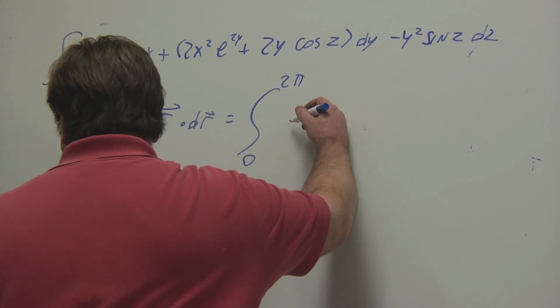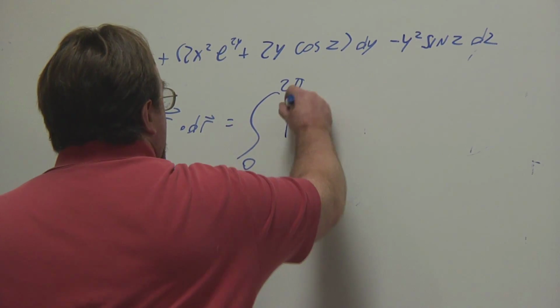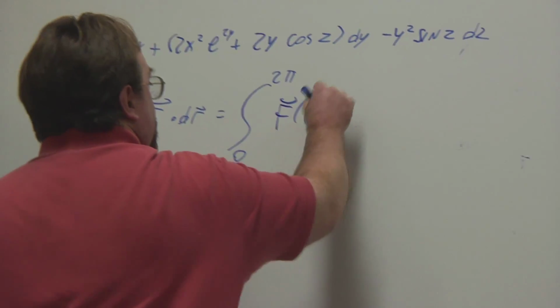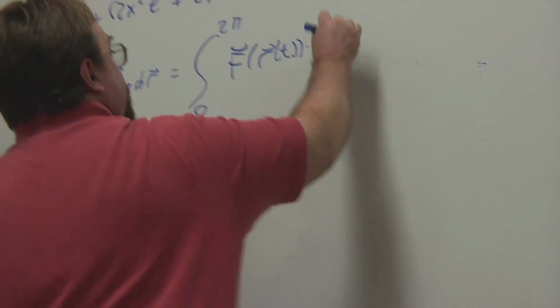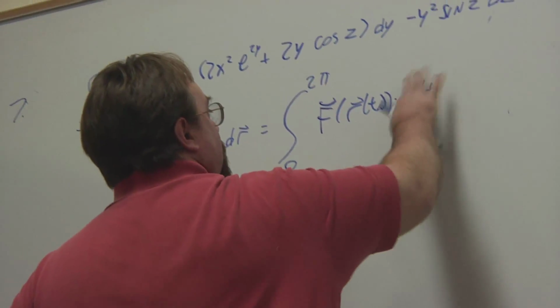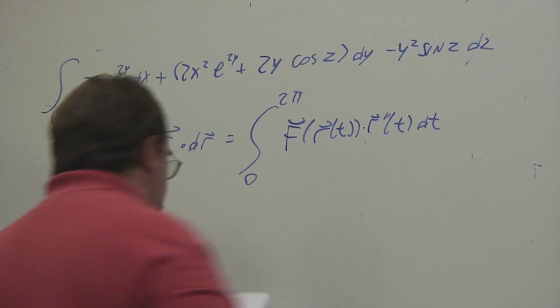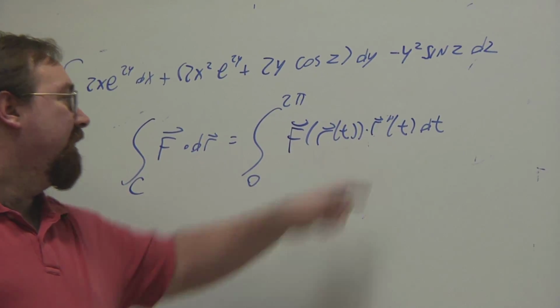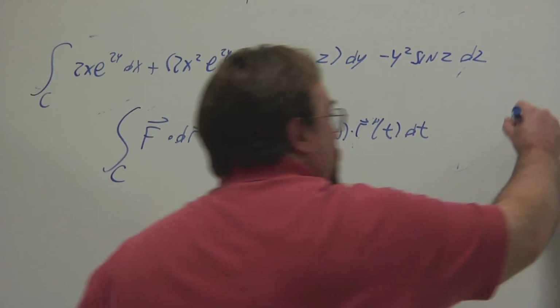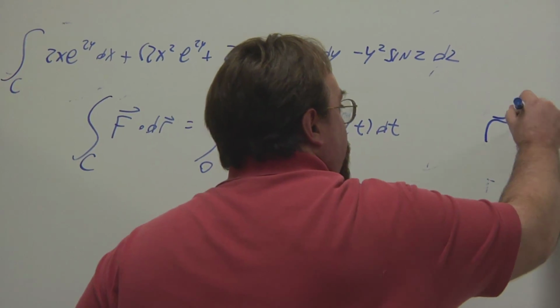So then you're going to have f of r of t dot r prime of t dt, where you would have to compute the derivatives of your parametric equations.